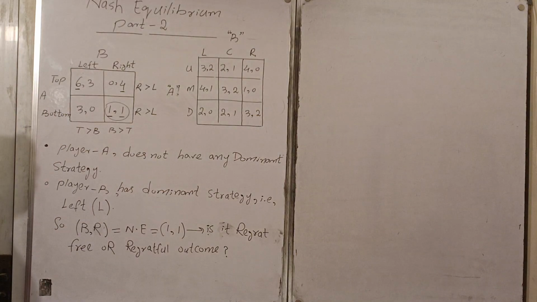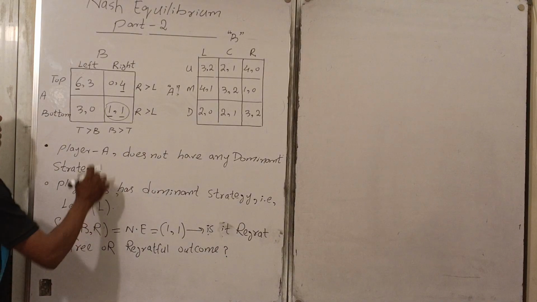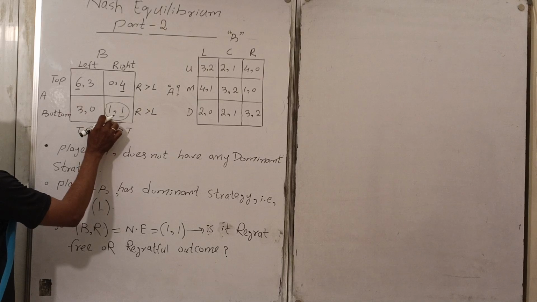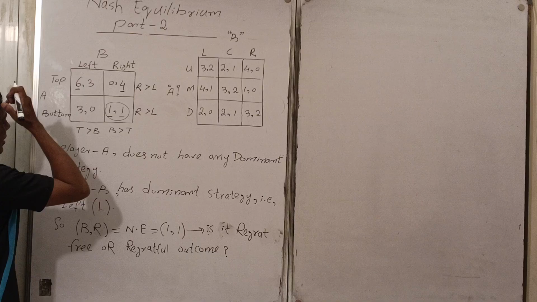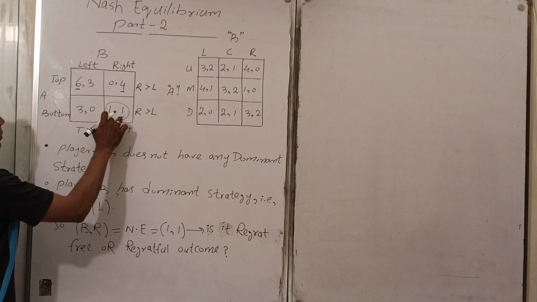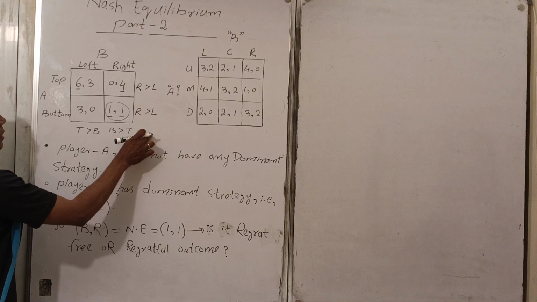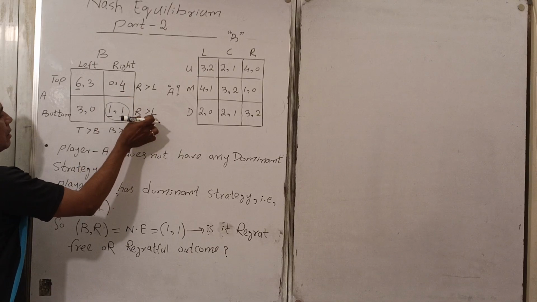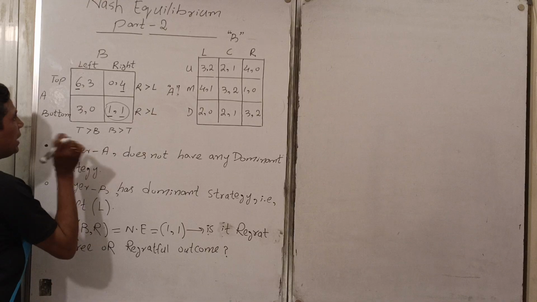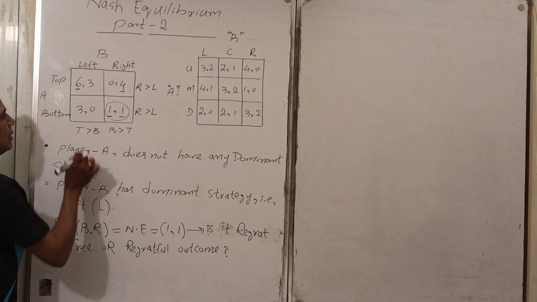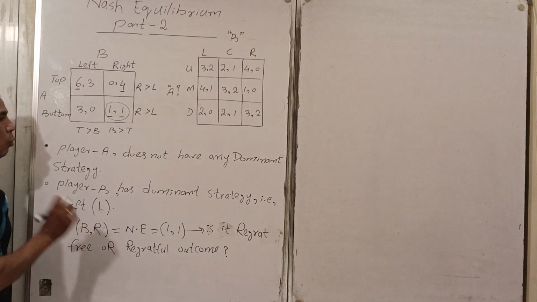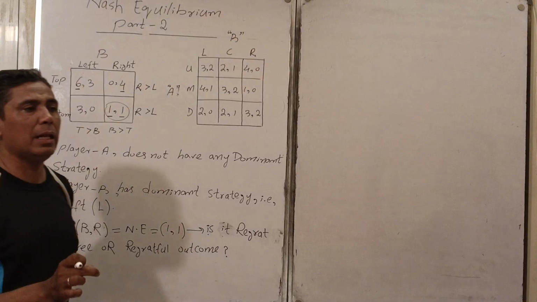Okay, so compare this one. First of all, consider this one. When we compare this outcome, because we have decided that B never plays strategy L. Why does B never play strategy L?